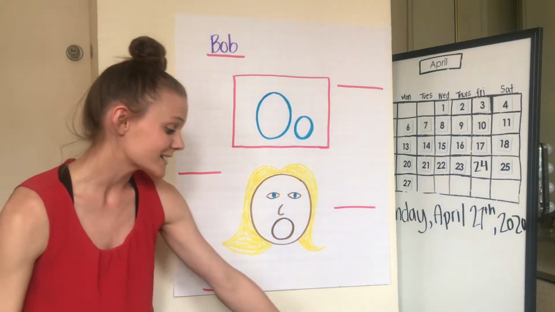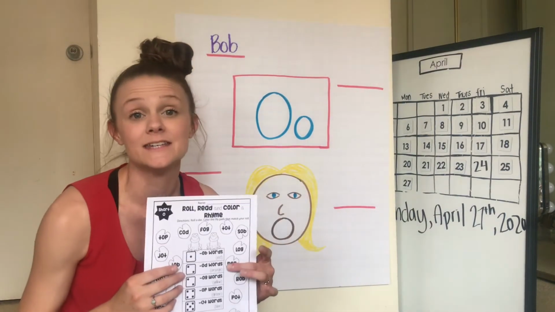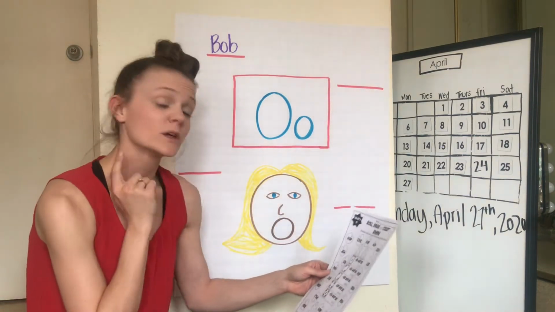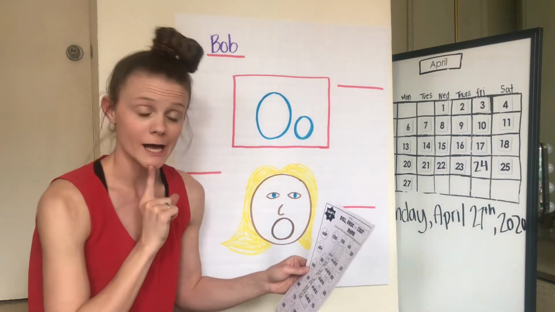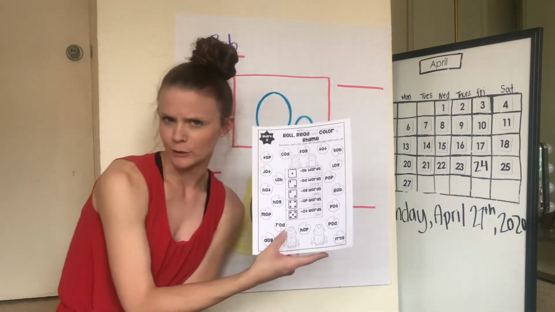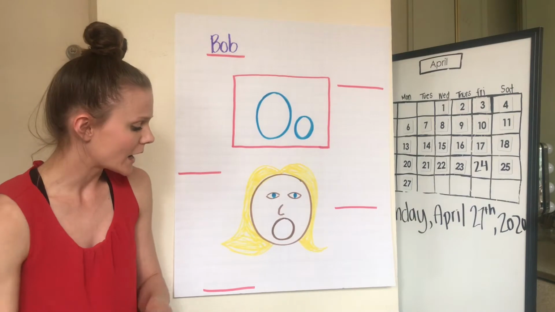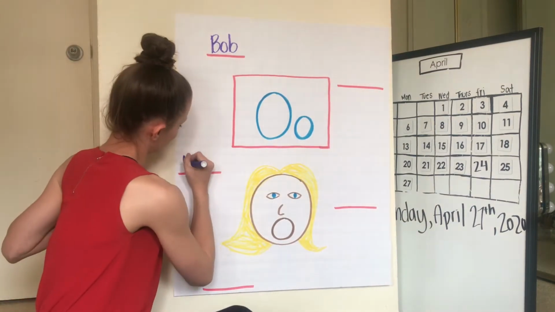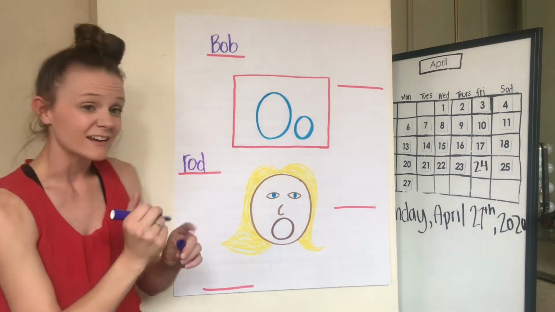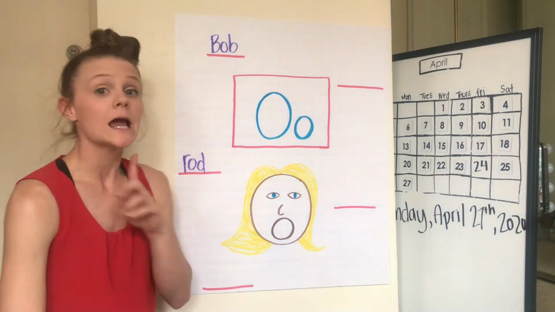Wonderful. So my next word family is odd words. So when I look on my sheet, when I'm looking for the O-D, odd sound, I see the word rod down here. See the word rod. So I'm going to write that word odd on my line, because that's another group that makes the ah sound.